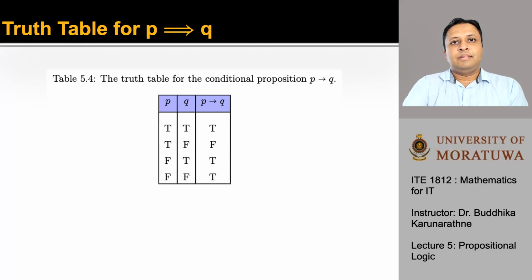This is the opposite of what is expected from the conditional proposition, where we expect if P, then Q. For this specific scenario, P is true, but Q is false. In that situation only, the conditional proposition P implies Q will become false. In all the other combinations, the truth value of P implies Q will be true.